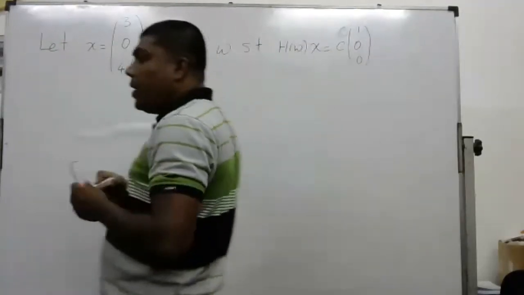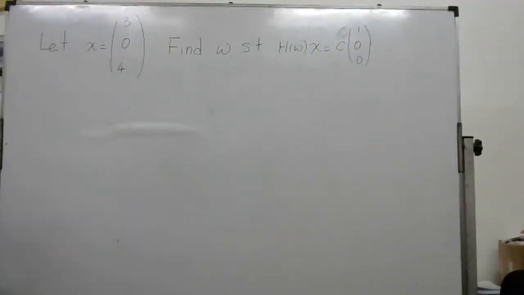We want to find omega, a column vector, such that the elementary Hermitian matrix H omega multiplied by x is equal to some constant multiple of (1, 0, 0), that is, the first unit vector. So that is what we want to do.